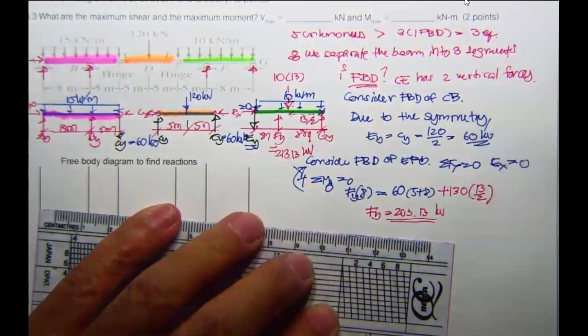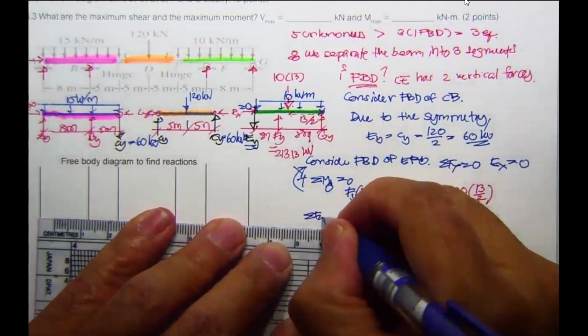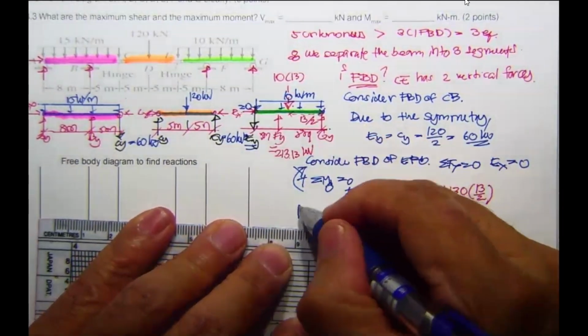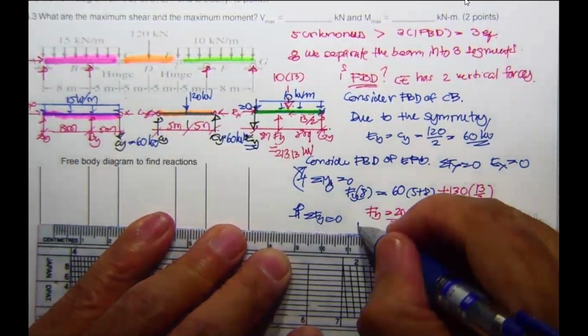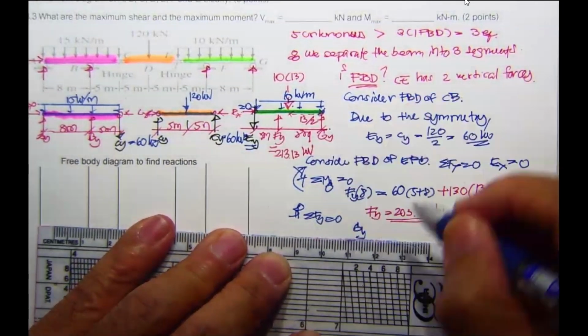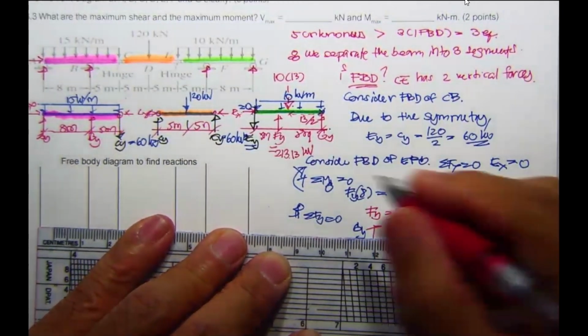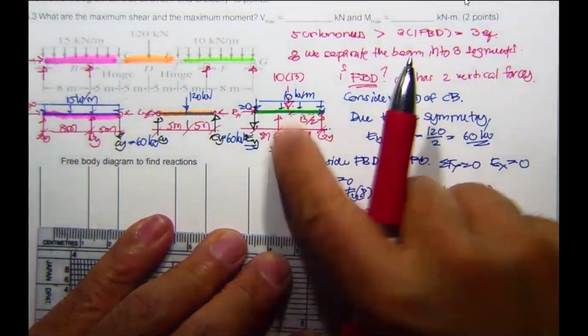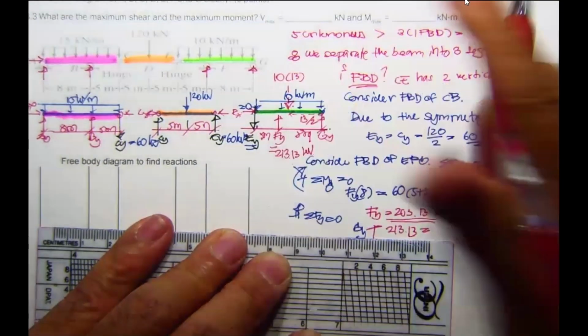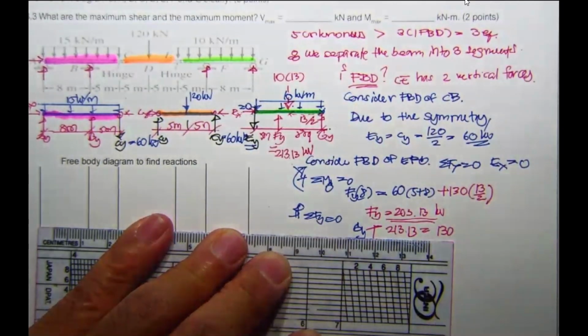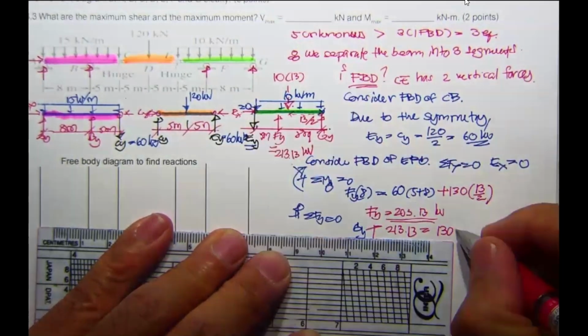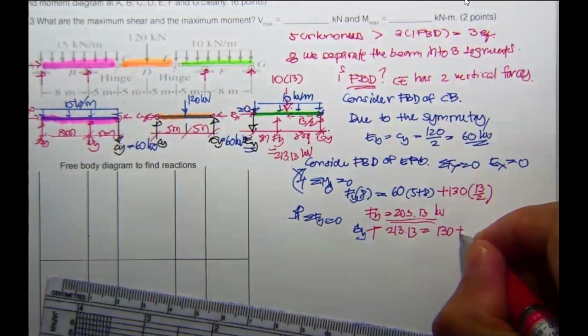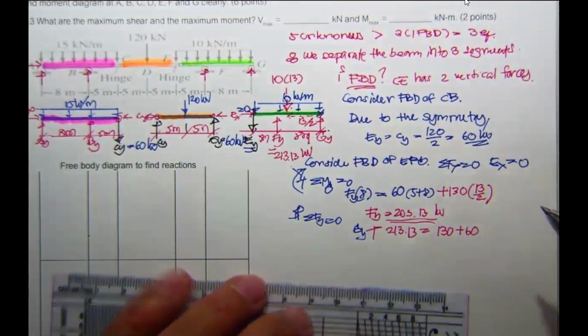That's going to be your F sub y, 213.13 kilonewton. Then summation of F sub y equal to 0, upward positive: G sub y upward, plus this one, 213.13 upward, and then opposite this one, 130, and then plus this one, 60.